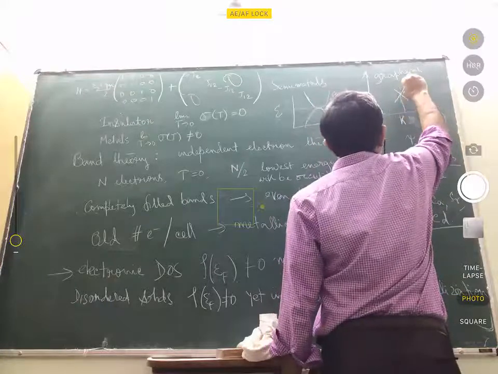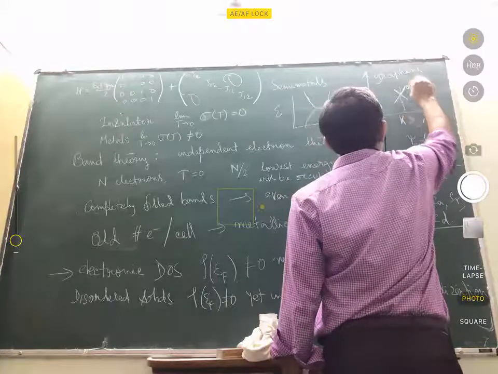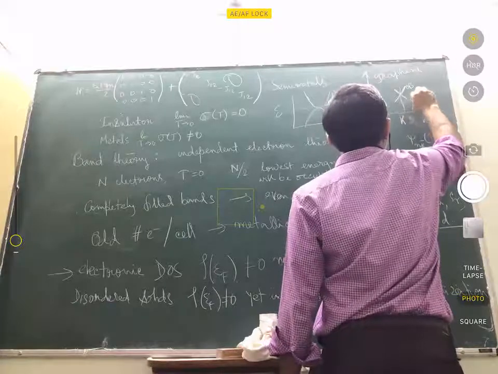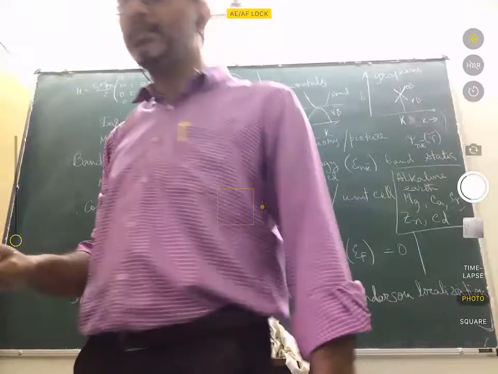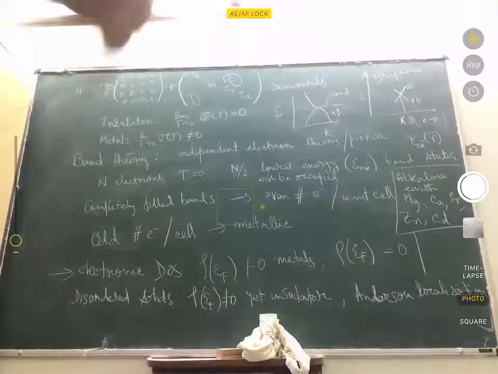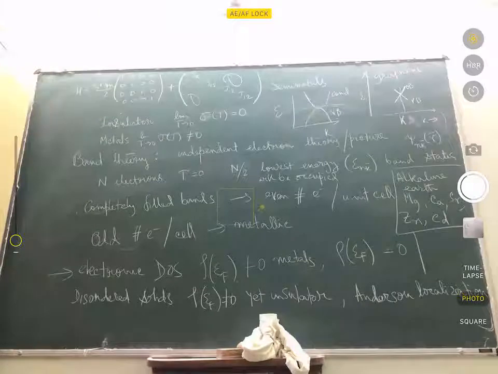This is the conduction band, this is the valence band, and they exactly touch each other because of the particular crystal structure and nature of the carbon valence states. All those things conspire.